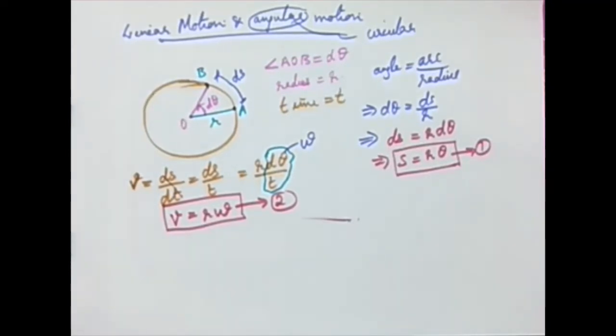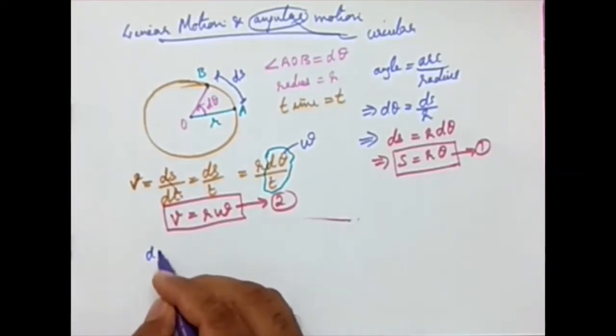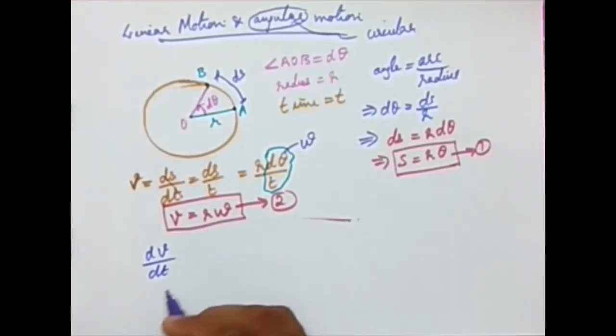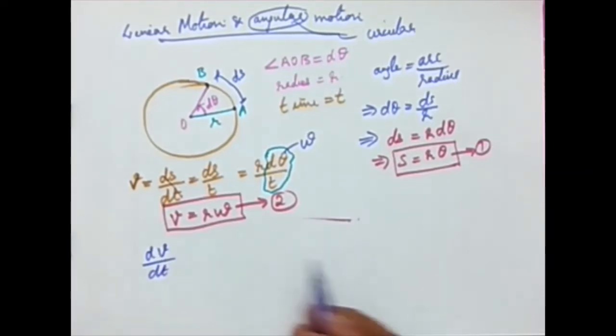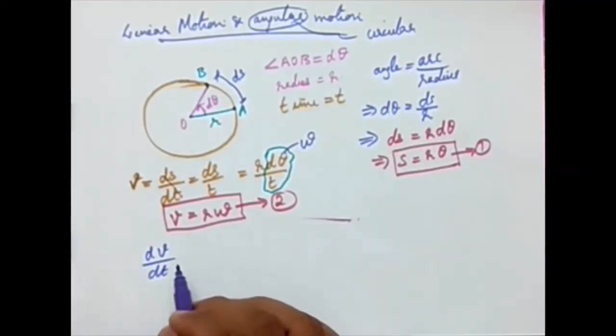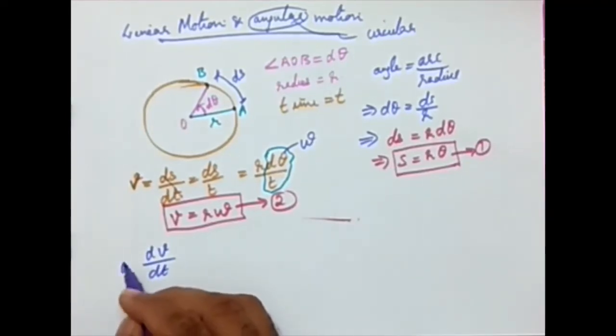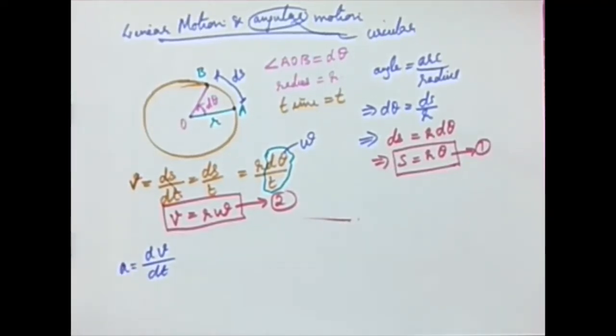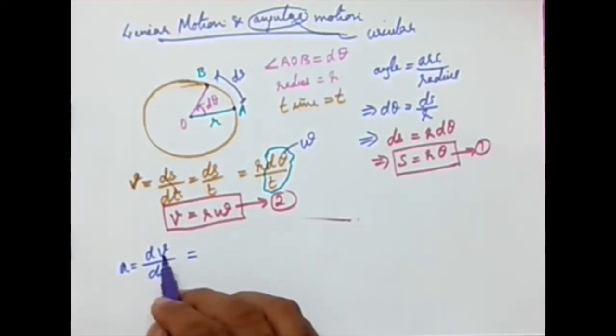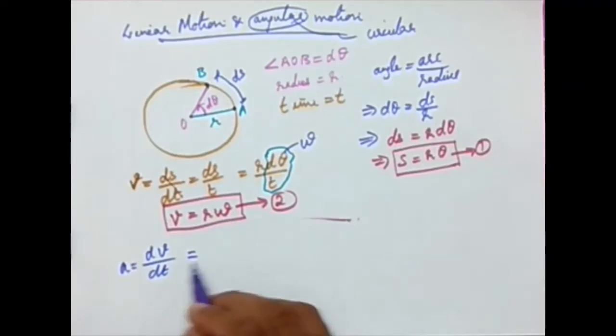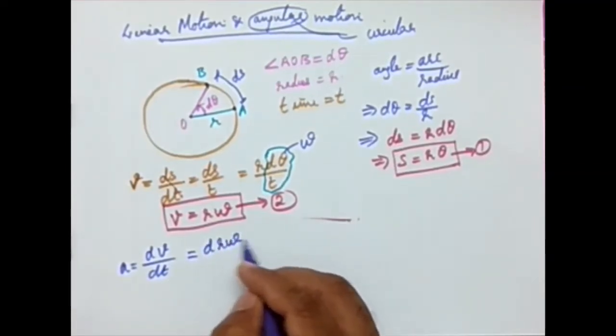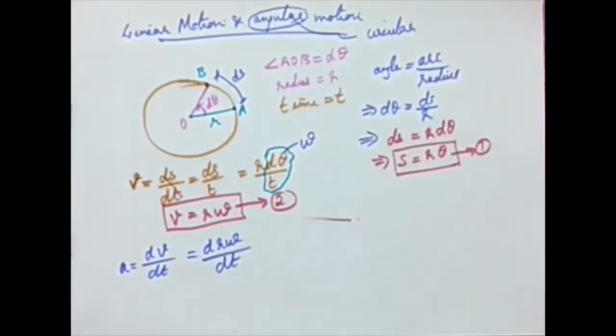Now we need to think about the acceleration. What is the acceleration? dv by dt, or the change in velocity divided by time. The rate of change of velocity is called our linear acceleration. Now we have the expression for v as r omega, so if I write it here, r d omega by dt.